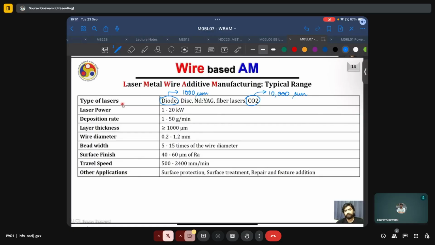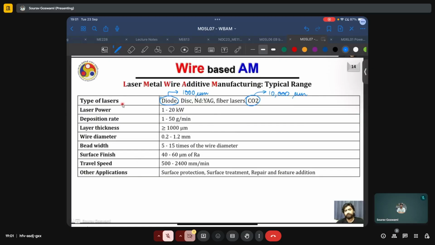The deposition rates can be between 1 to 50 grams per minute, which is significant and highlights the commercial viability and high deposition rate of this technology. Layer thicknesses will typically be of the order of 1000 micrometers or more. Wire diameters are typically from 0.2 to 1.2 millimeter.